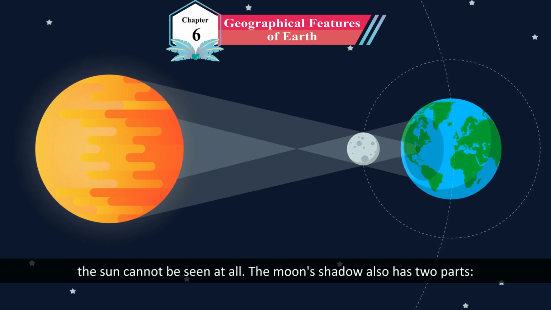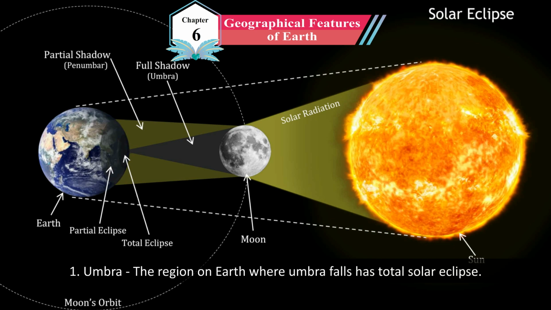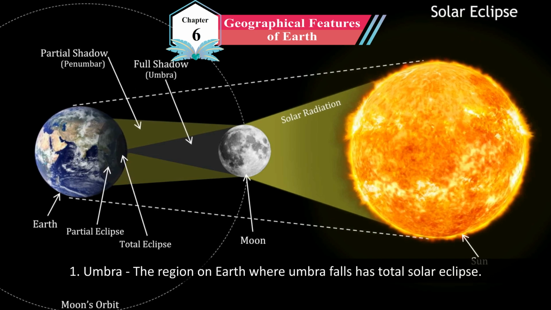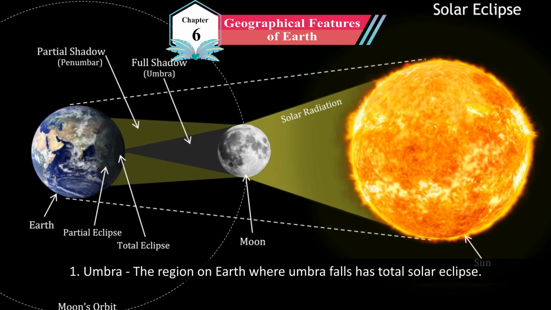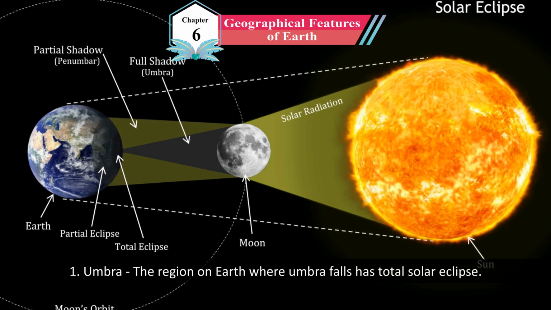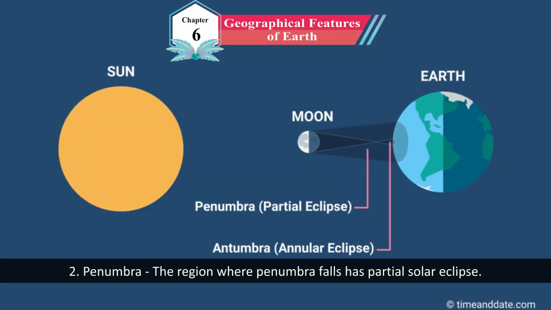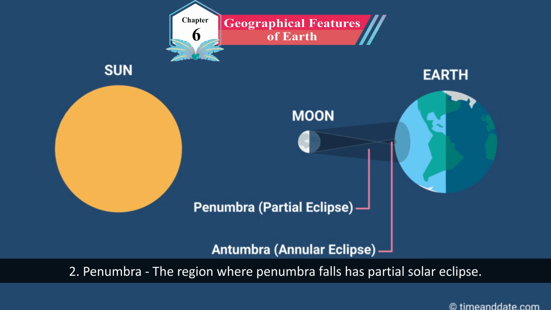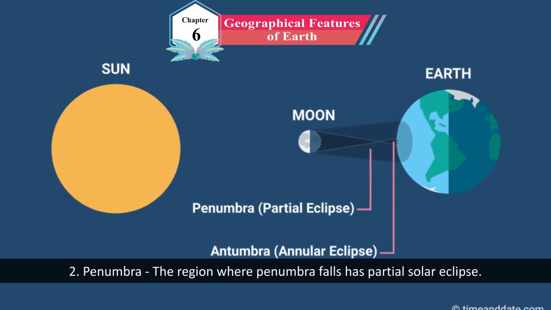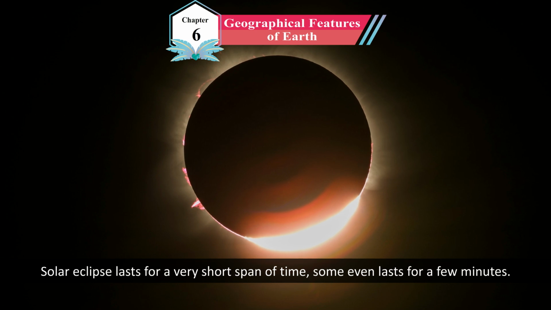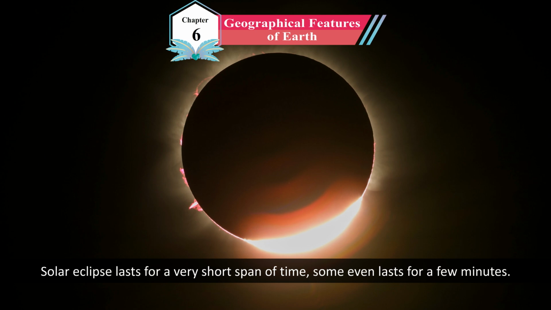The moon's shadow also has two parts. 1. Umbra. The region on earth where umbra falls has total solar eclipse. 2. Penumbra. The region where penumbra falls has partial solar eclipse. Solar eclipse lasts for a very short span of time. Some even last for a few minutes.